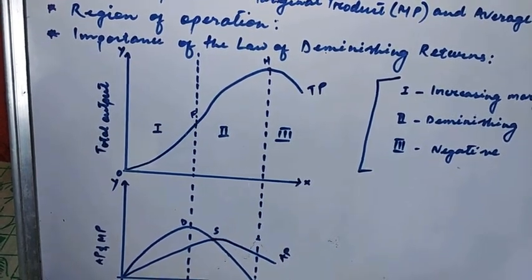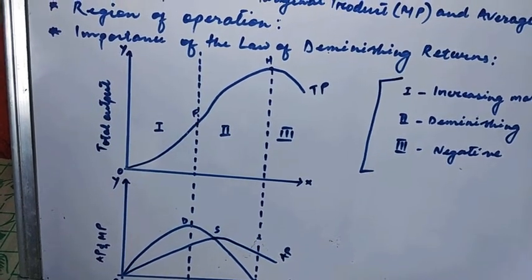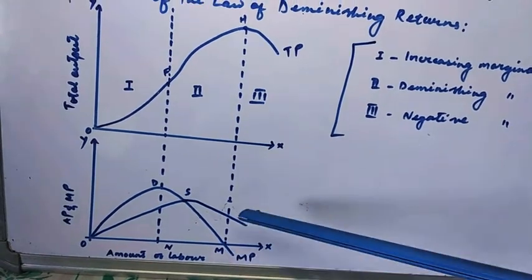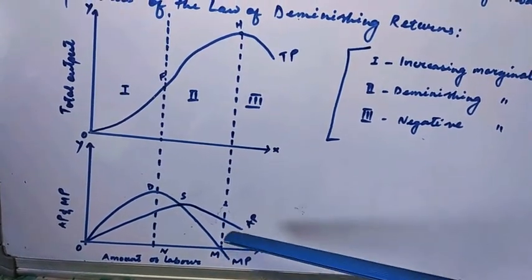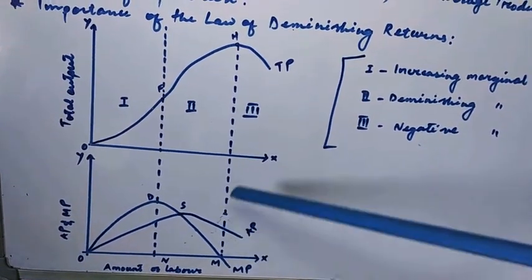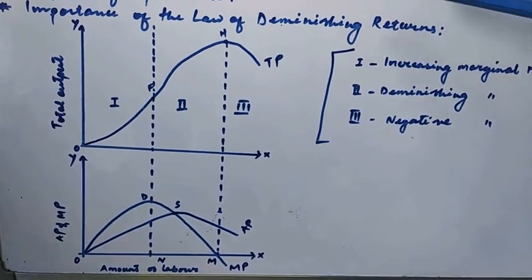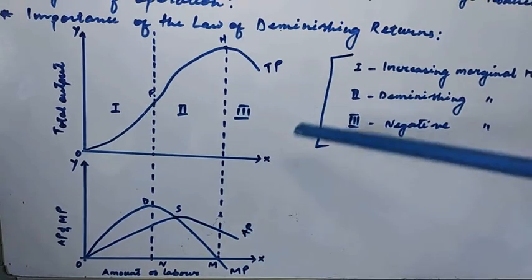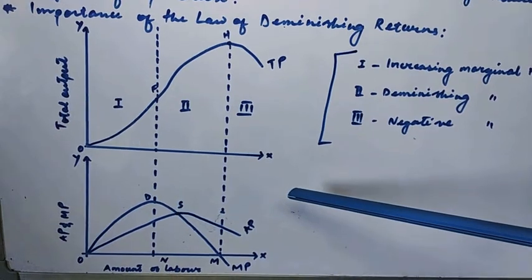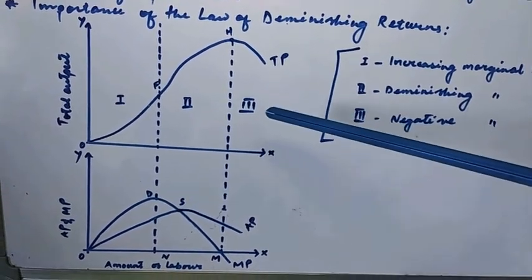So cost of production will be saved, and on the other hand, there will be an increase in the total output. So at stage 3, a rational producer will not produce, because when there is a negative marginal product, he has to deduct the amount of labor employed to increase his production. So he will not choose this stage 3.